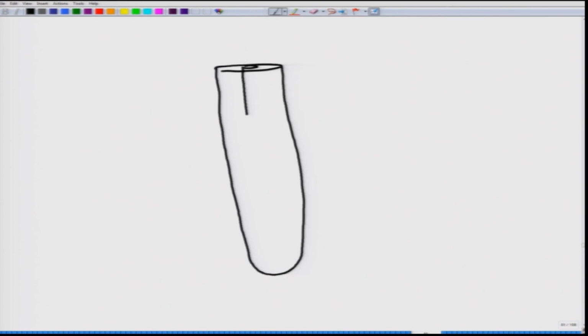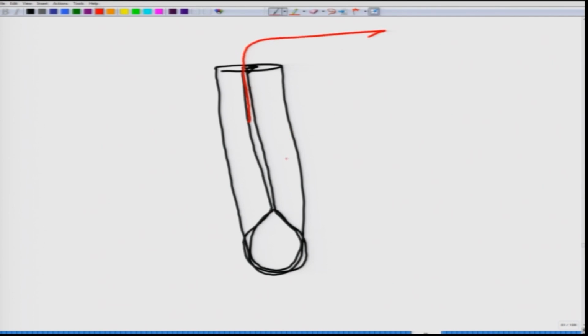With another inner chamber going through, and here you have a wire which is coming like this, another wire, and this wire is going all the way down.